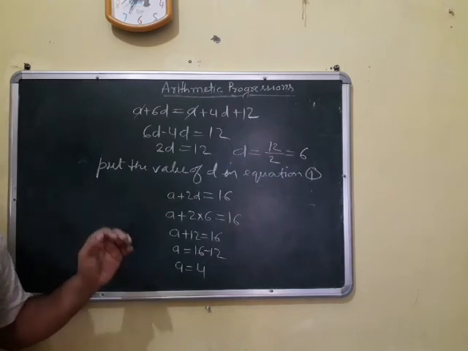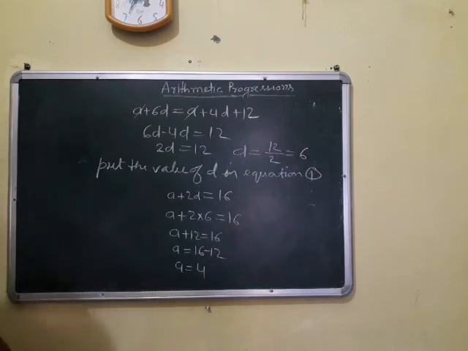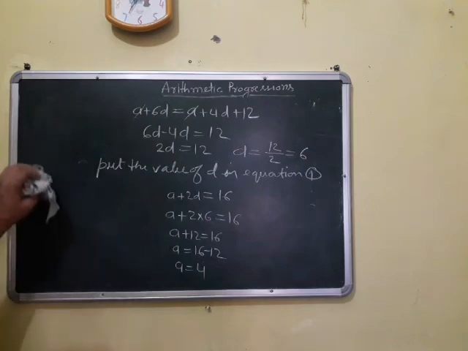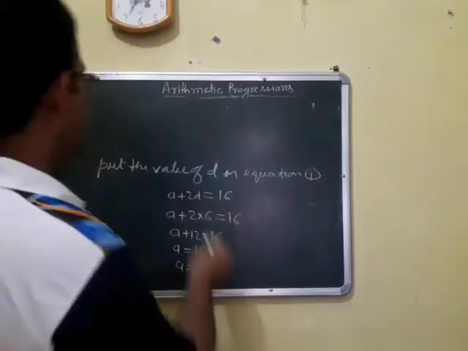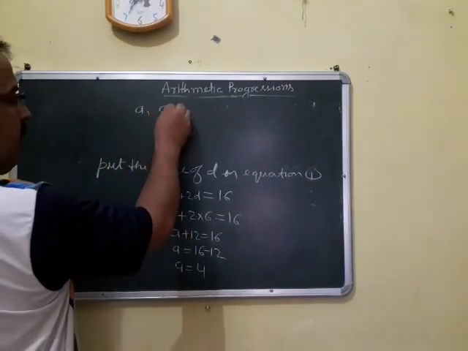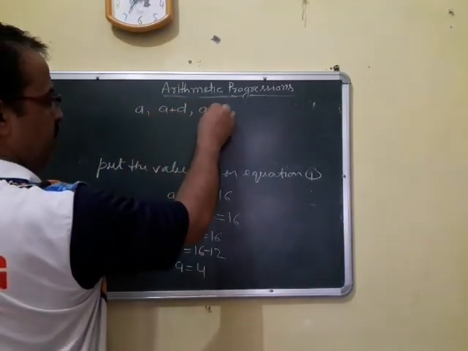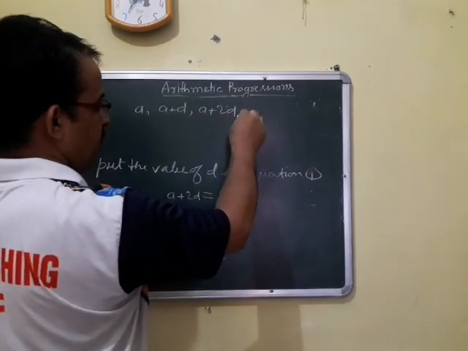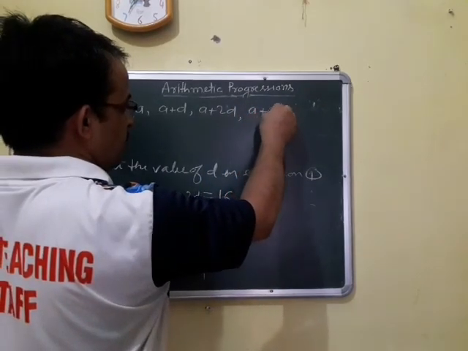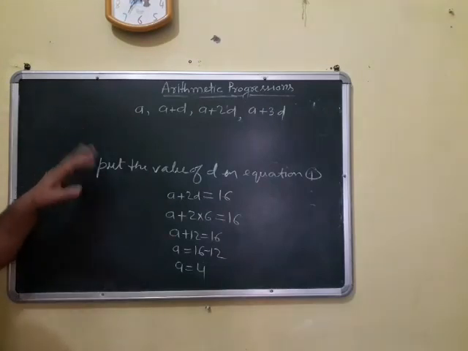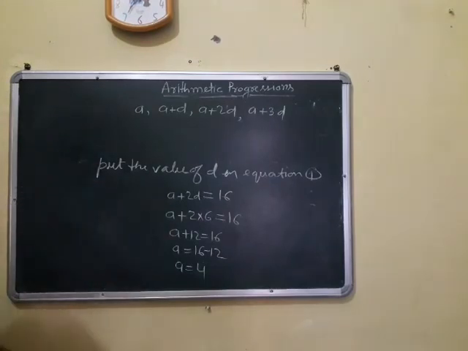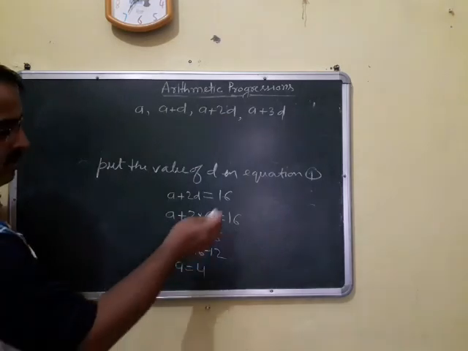So we find here the AP. Find the series of this AP: a, a plus d, a plus 2d, a plus 3d. A here is given before.